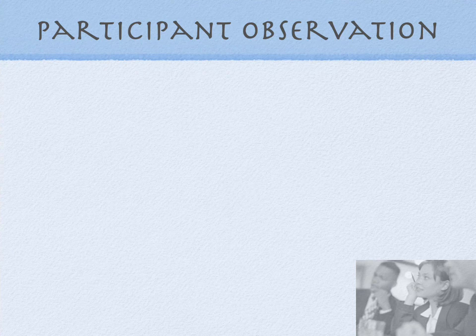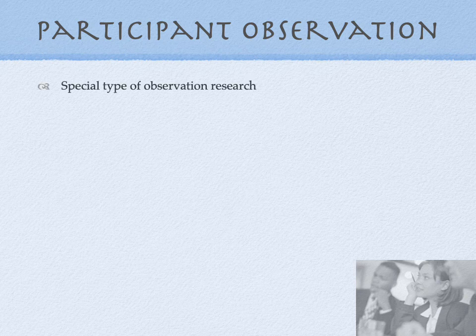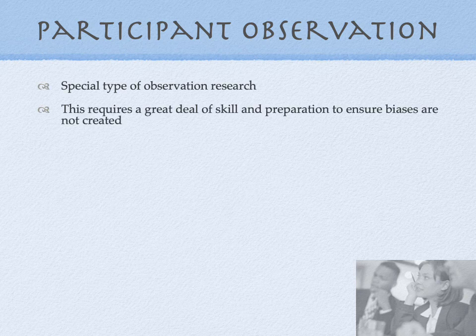Now, here's what we mentioned a few moments ago about participant observation, where you're directly a part of the group that you're actually observing. So it's just kind of a more extreme type of observation research.